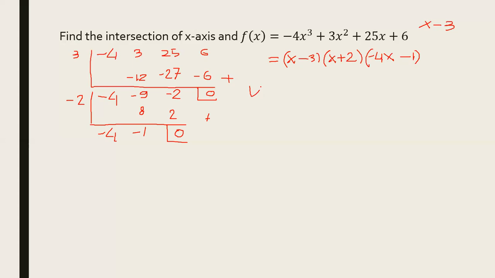And we're going to write it like this: 0 equals negative 4x cubed plus 3x squared plus 25x plus 6.